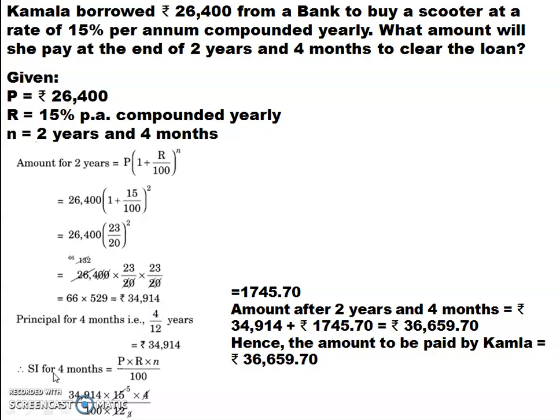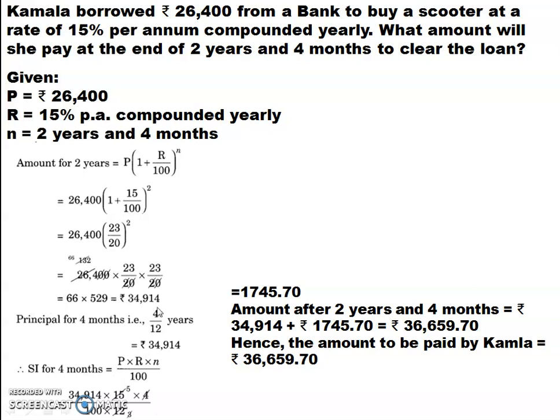So, you will calculate simple interest for 4 months because you did not complete 1 year for compounding. So, P into rate of interest into N. That means P is 34,914, R is 15%, N is 4 by 12.